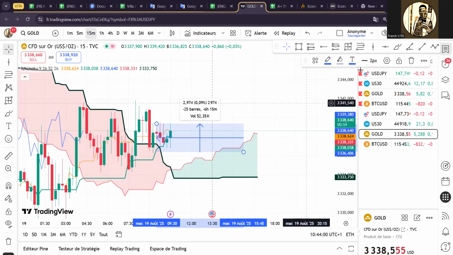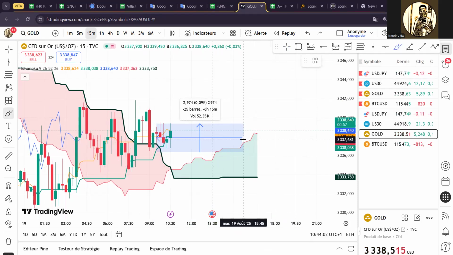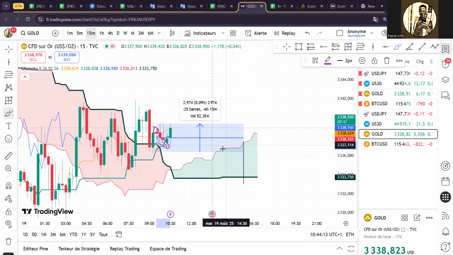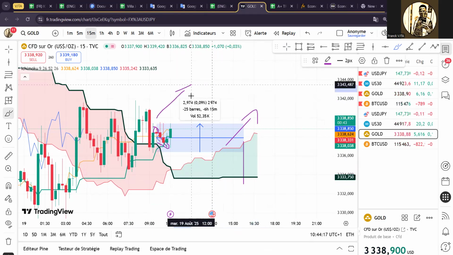Okay. So let's start here. The cloud was there and the candle was this candle. You see that the candle went in the direction of what? Of SSB. Even though SSA is inclined to the upside, it did not follow the SSA direction. You get what I mean?